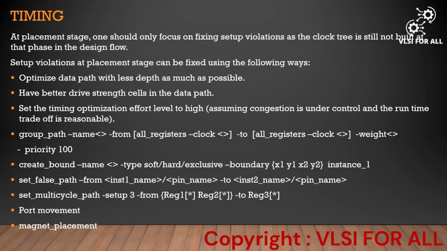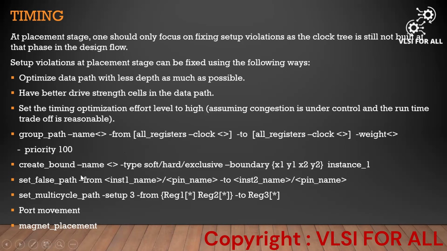We can change that weightage according to our iterations, depending on whether we get better results or not, followed by hyphen priority 100. 100 means whatever path we mention in this command, we are saying explicitly to the tool, take this as the highest priority to get better timing. So that is the command which we use for path group.